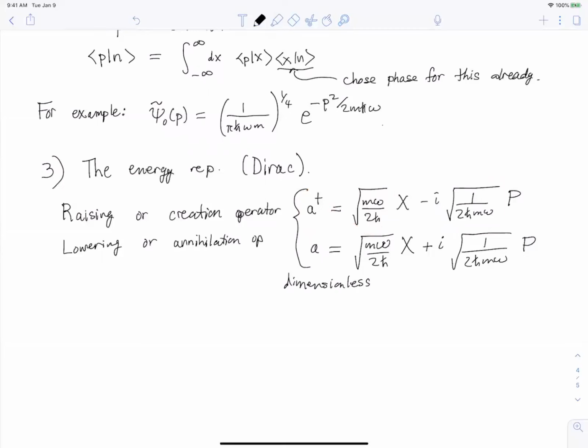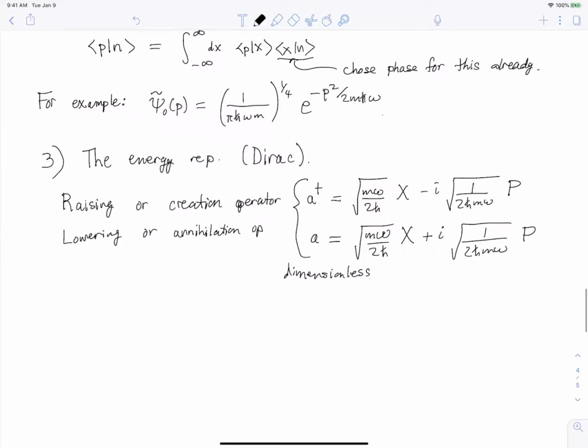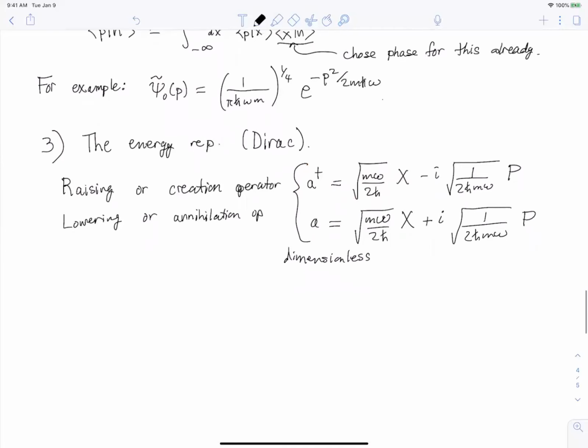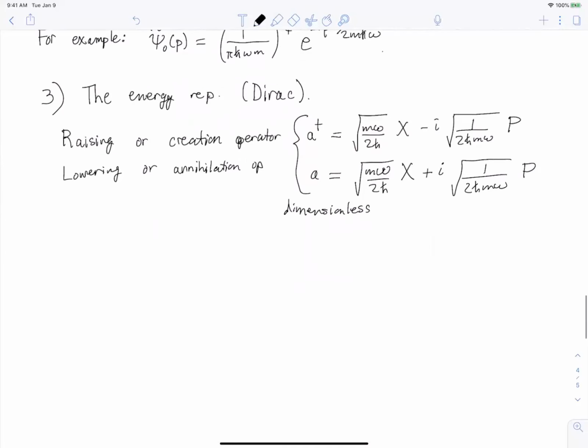The factors of square root of 2 are maybe less obvious, and they're there sort of for future convenience. So if you've made those definitions, then you can express X like this, A plus A dagger. And momentum is I times square root of h bar omega m over 2, times A dagger minus A. So those are equivalent definitions.